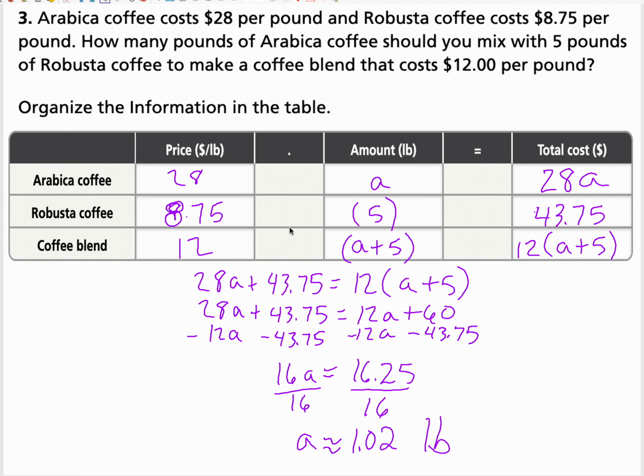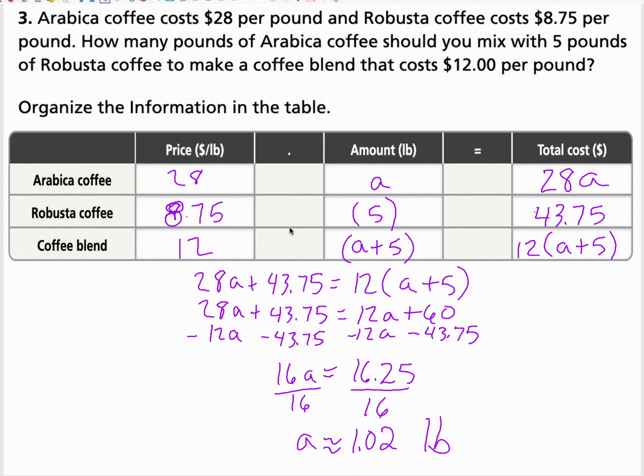And in case you're wondering, I do not know why LB is the abbreviation for pound. I think maybe it has something to do with the Latin that our English language is based on. But 1.02 LB means pounds.